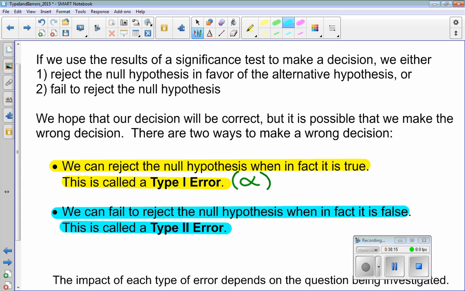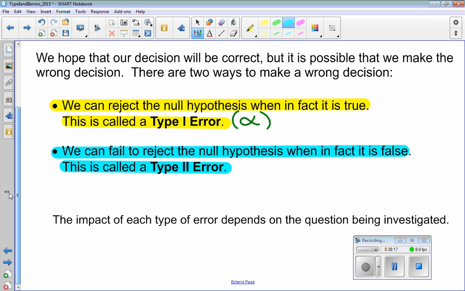Okay. So, I will say for the most part, not always, but most often, a type 2 error has a greater impact. A type 2 error is probably most often more horrific.